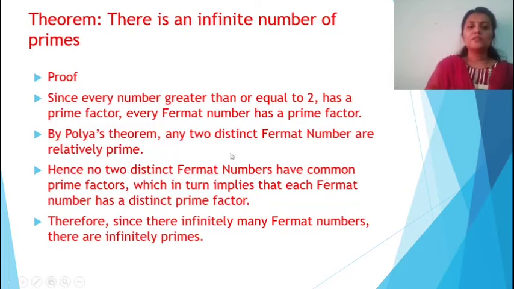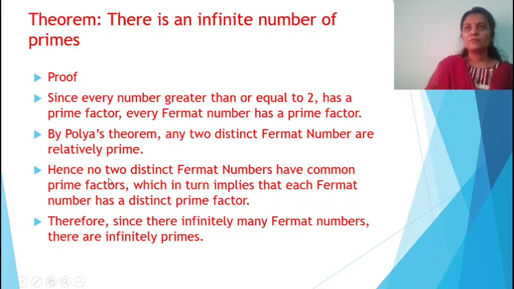Since every number greater than or equal to 2 has a prime factor, every Fermat number has a prime factor, as it is also a number greater than or equal to 2. By Polya's theorem, any two distinct Fermat numbers are relatively prime. We have already seen that if F_m and F_n are two distinct Fermat numbers, then GCD of F_m, F_n is equal to 1. Hence, no two distinct Fermat numbers have common prime factors.